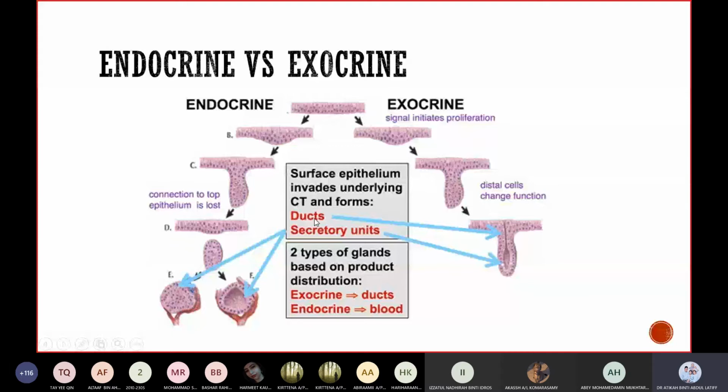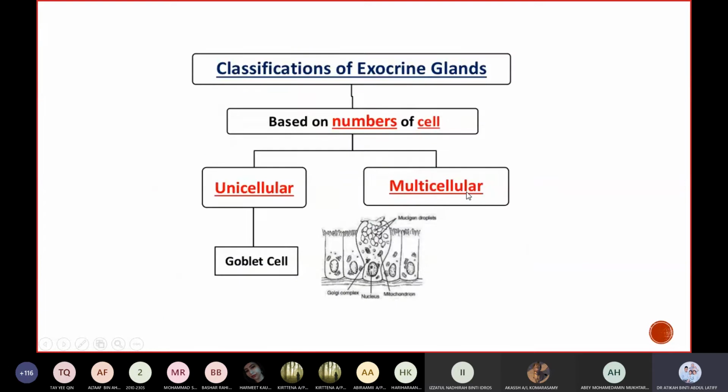Okay, so for exocrine, the products are secreted through the duct of the gland. However, in endocrine, because they don't have connection and they don't have the ducts, the products of the gland is secreted directly into the capillaries or blood system. So that's the difference between endocrine and exocrine glands.